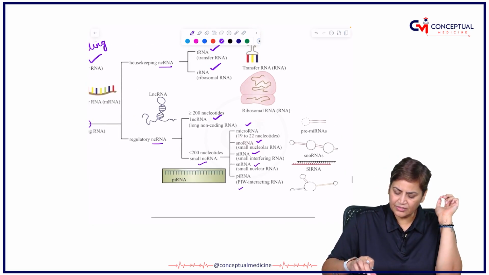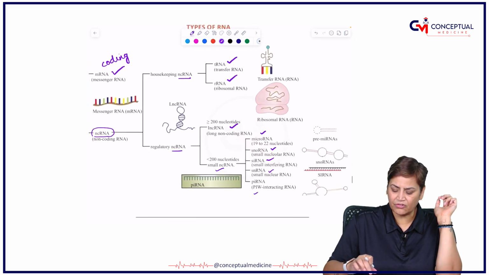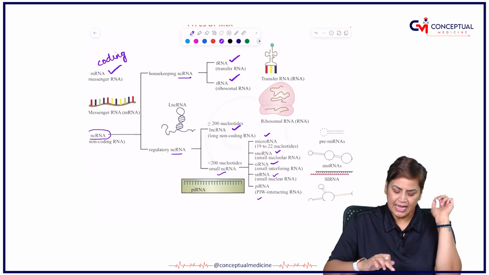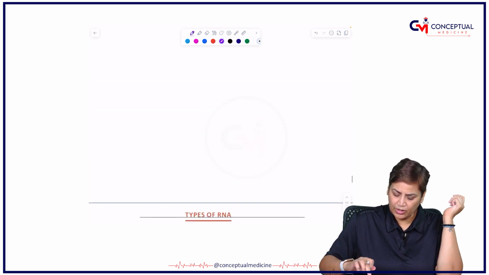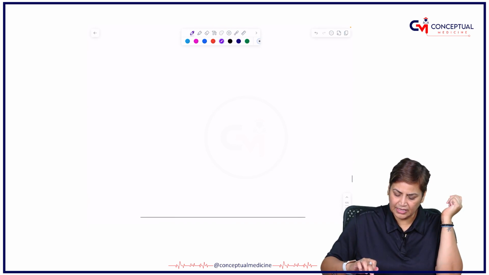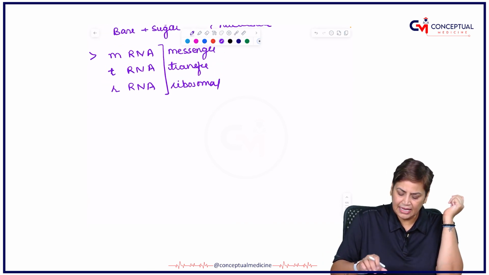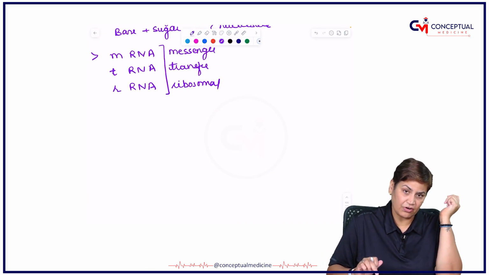But the main housekeeping ones are transfer RNA and rRNA, and messenger RNA, which is the coding one. If we talk about the structure, mRNA has a linear structure.